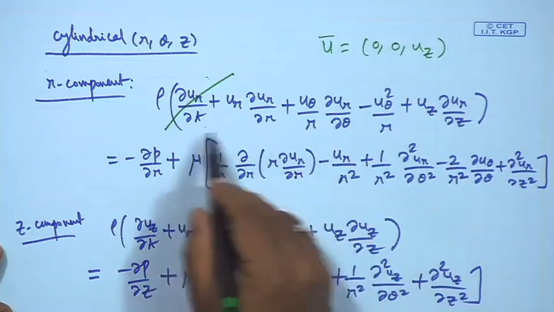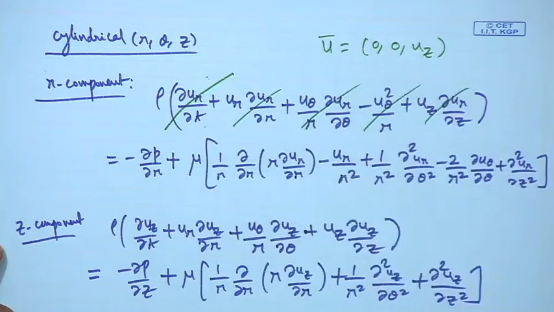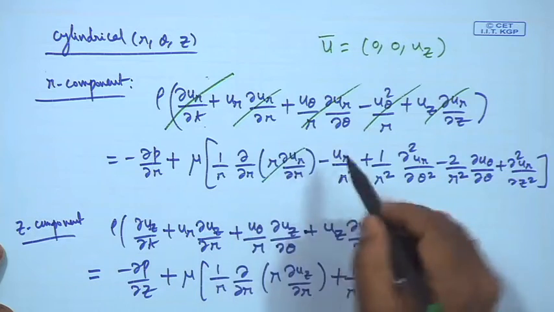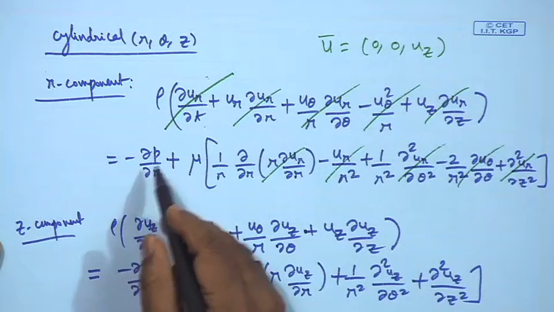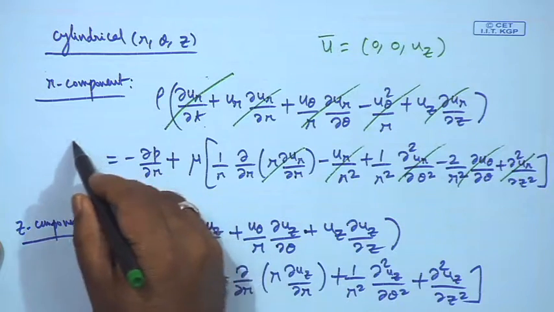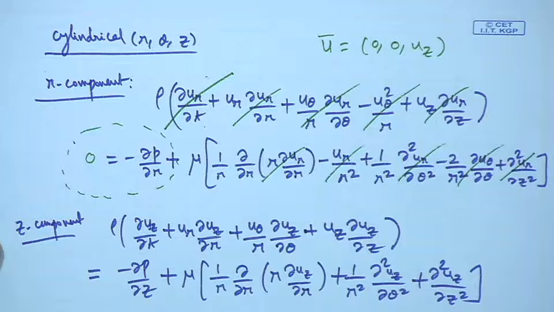So, what happens to r momentum? All are gone, then this is gone. So, all that we are getting is this.